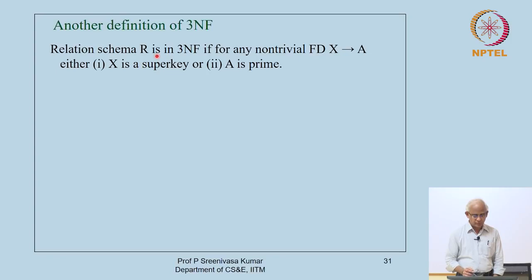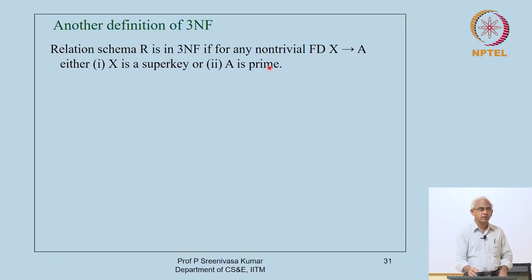Now, before we proceed further, here is an alternate definition for third normal form. The relation scheme R is in third normal form if for any non-trivial functional dependency x determines A, either x is a super key or A is prime.